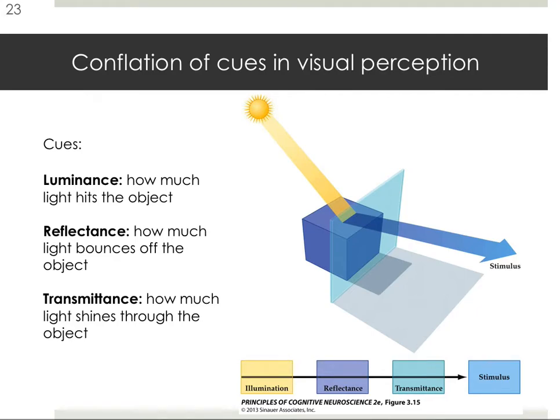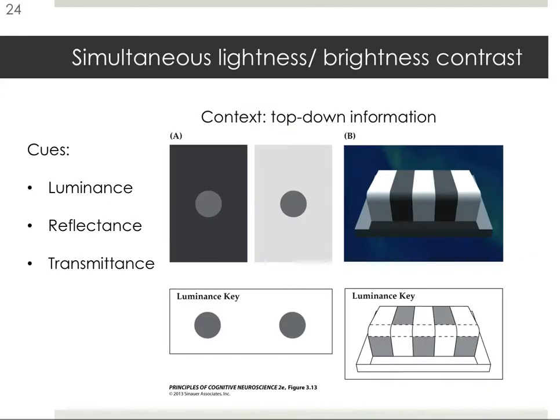By combining these different visual cues, we can infer the size and the material of the object. These are different kinds of cues that the visual system combines to infer information about the visual stimulus.